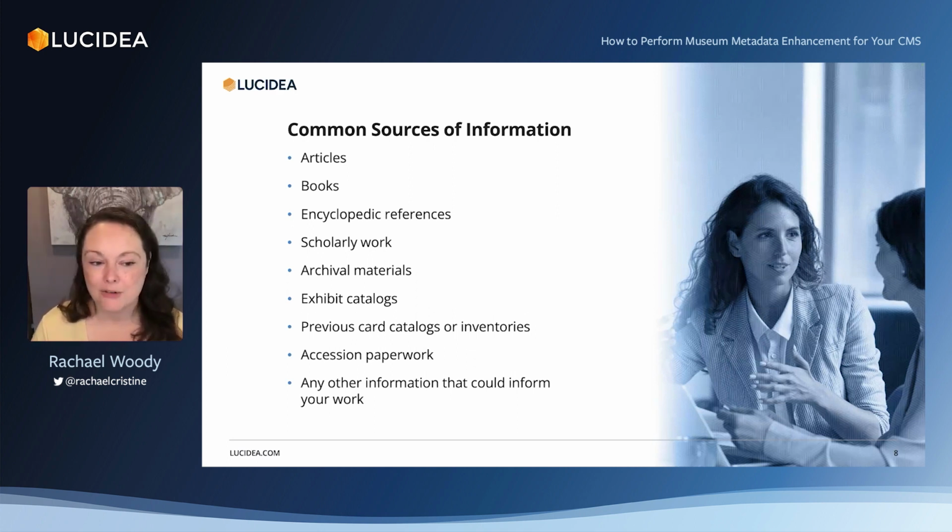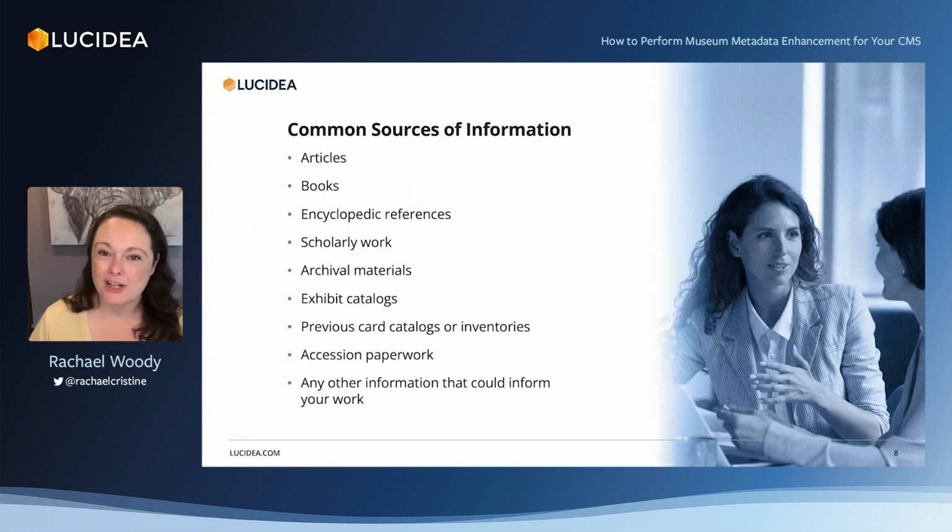Encyclopedic references and scholarly work, especially if it is about the artist or maker who created that item, the cultural community perhaps that created and used the item, anything to help inform, if it's not about the item itself, about peer work or about the historical time period, all of that good contextual information that can help inform the meaning and interpretation of your item.